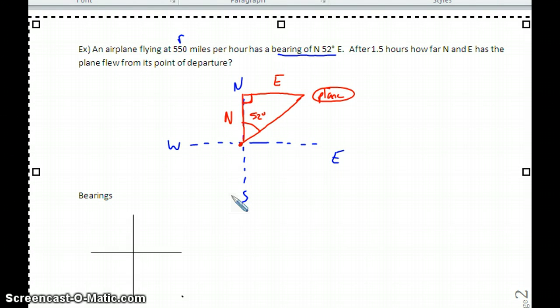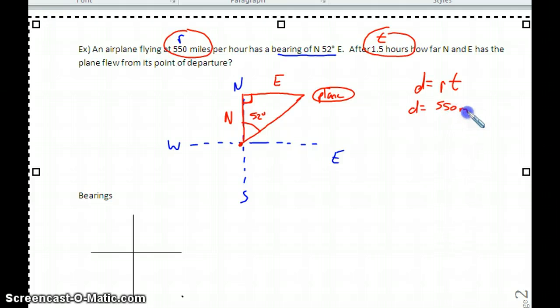So I need to look at the fact that I had 550 miles per hour, and I have a time of 1.5 hours. So if I use the distance formula, my distance would be equal to the rate, 550 miles per hour, times 1.5 hours, which is good because I'm using the same unit of time here, so they'll cancel out.